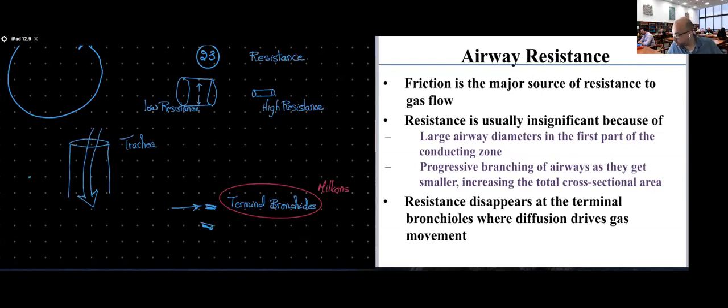But here I have millions of terminal bronchioles, and those millions of terminal bronchioles have a large total cross-sectional area.